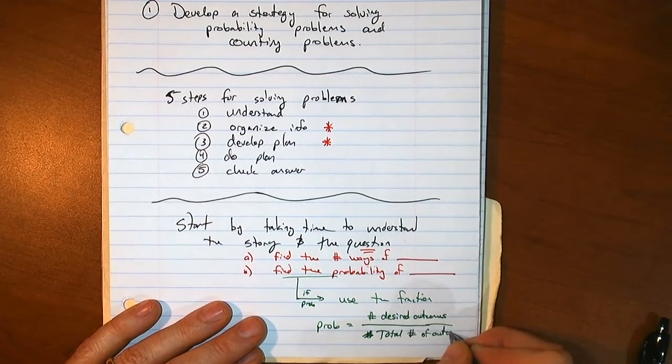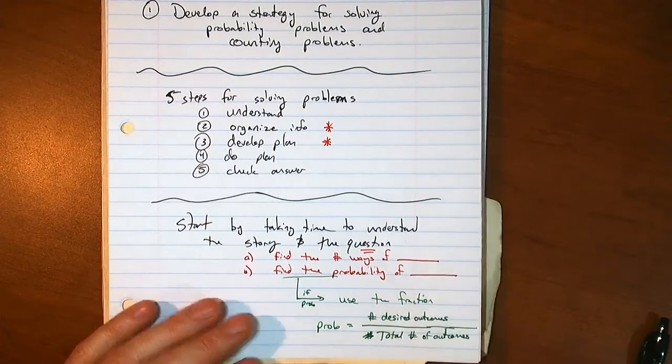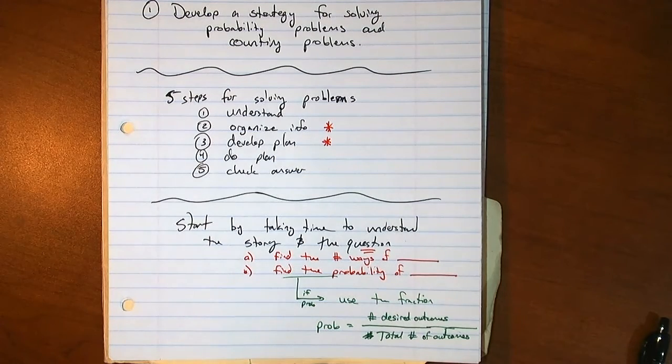All possible outcomes, whether they're desirable or not desirable, doesn't matter. Good, bad, ugly, everything goes in the bottom. Number of desired outcomes goes in the top.